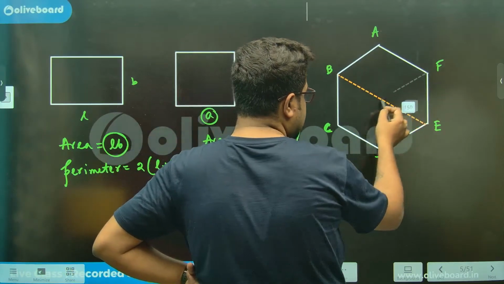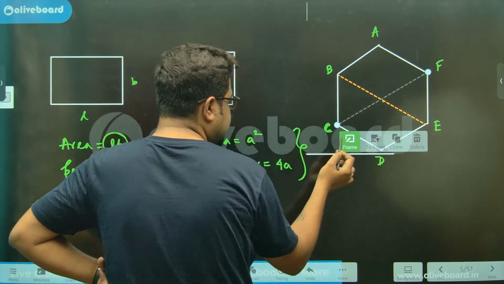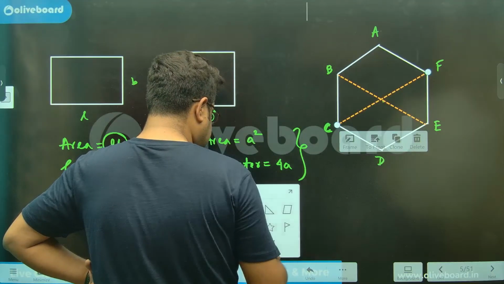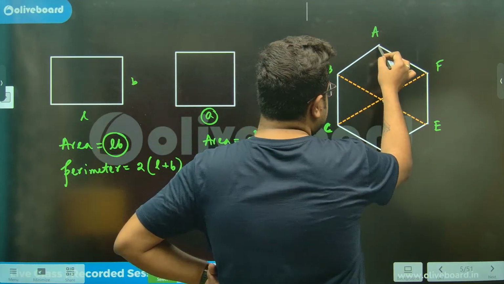Similarly, this is one diagonal. And similarly, this is another diagonal, sir.